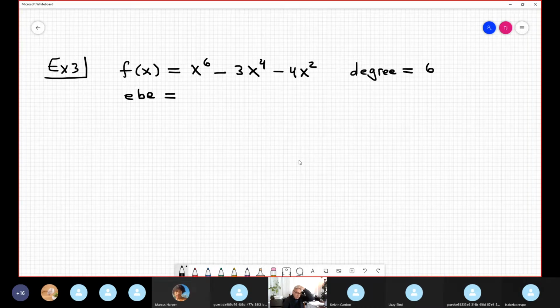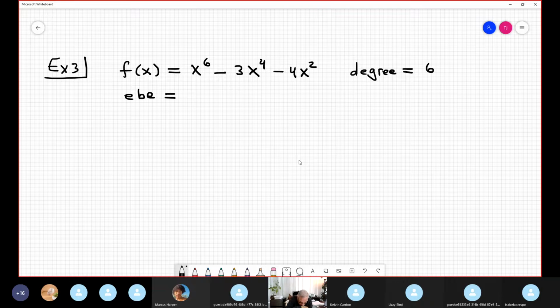Okay, what is the end behavior expression of this polynomial? Remember, the end behavior expression is the dominant one. What is the dominant? What is increasing faster or decreasing faster? Who wins?